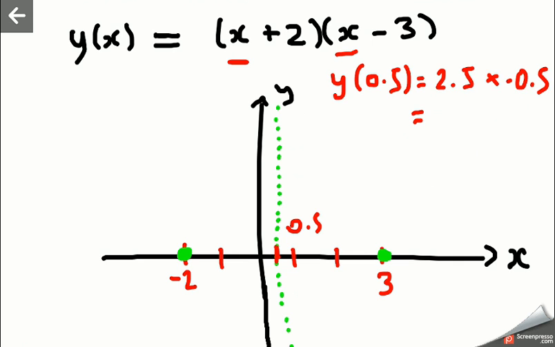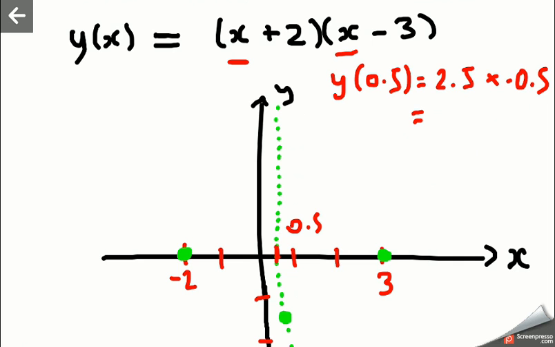So we know that our parabola is at -1, here's -2, so -1.25 is about there. So we know our parabola is going to go through that point. And that alone is enough to give us an idea of what our parabola looks like.